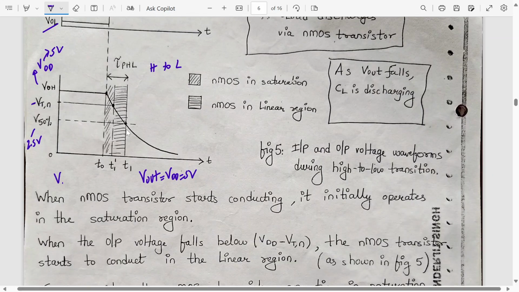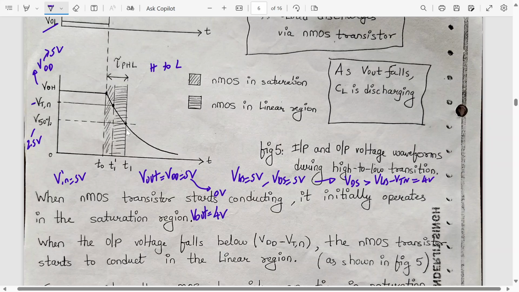So Vin is actually reaching 5 volt now, and output is decreasing from 5 volt to 0. Currently we have VGS equal to 5 volt, VDS equal to 5 volt. I have already shown you VDS should be greater than VGS minus VTN, which is 4 volt. That is correct. Now when the output falls to 4 volt, so Vout is 4 volt now, that is equal to VDS.